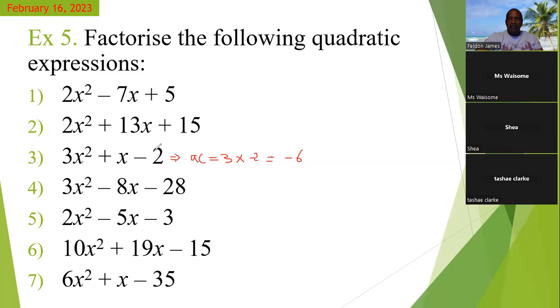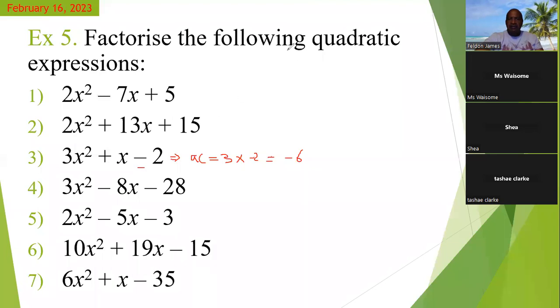Just to emphasize, if the last term is positive, it tells you that the two factors are going to either be 2 positive or 2 negative. However, if the last term is negative, it tells you one of the factors is going to be positive, one going to be negative.